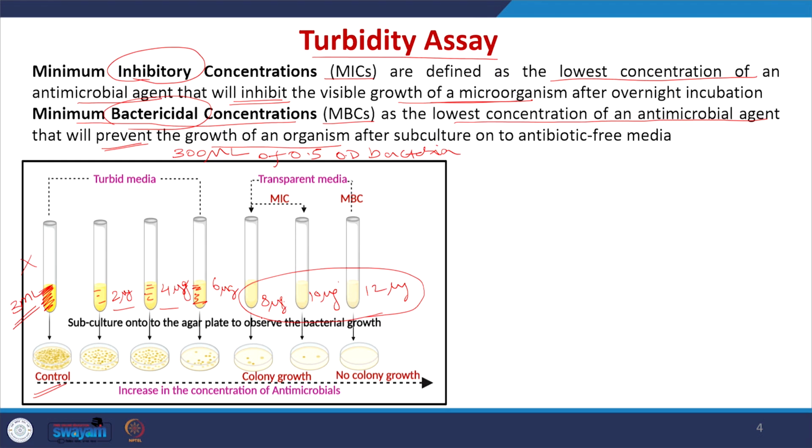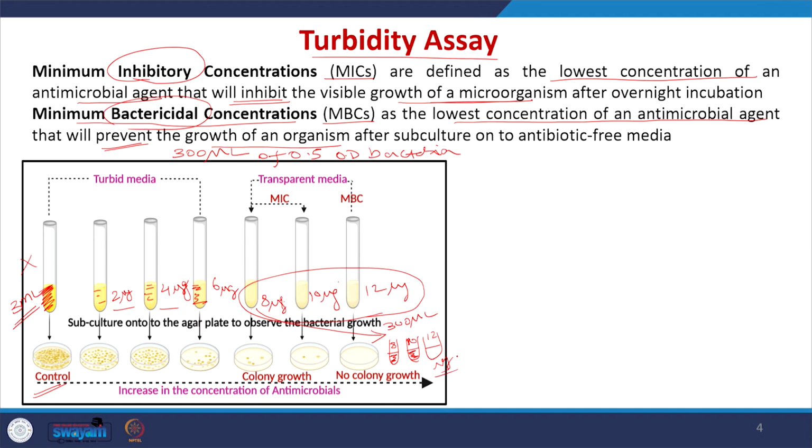For that, we have to re-inoculate from this test tube to a new test tube with 3 ml of bacterial growth medium. We have to inoculate 300 microliter from this test tube, and after incubating overnight, you can see that there is a growth in the 8 and 10 microgram concentration, and there is no growth in the 12 microgram concentration nanoparticle.